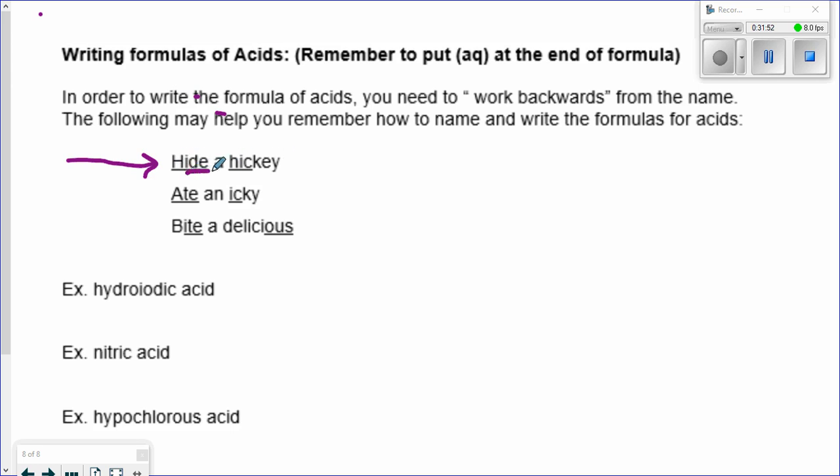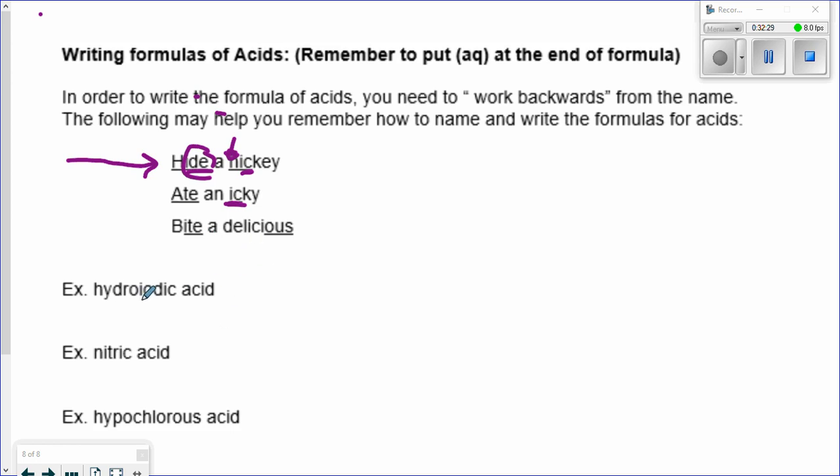If it has hydro-ic, then it's an IDE ending. If it just has an ic, so ate an icky, sometimes we do that, you eat something icky, so if it just has an ic ending, that is an ATE ending. And you want to bite something that's delicious, so if it has an OUS ending, it is an ITE.